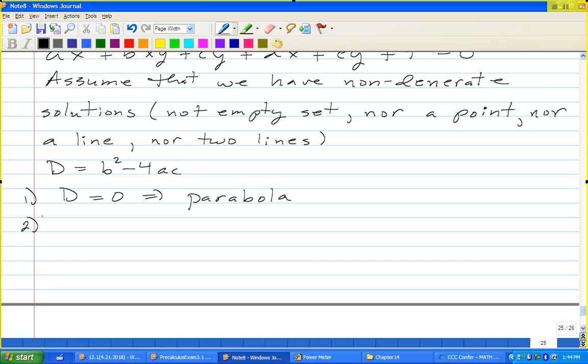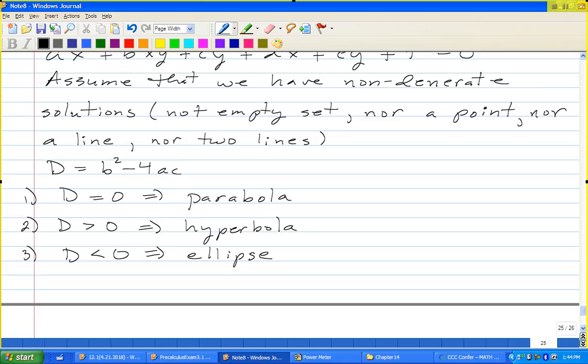If the discriminant is greater than 0, this is a hyperbola. If the discriminant is less than 0, this is an ellipse. Okay. Well, that's for a general sort of quadratic surface.